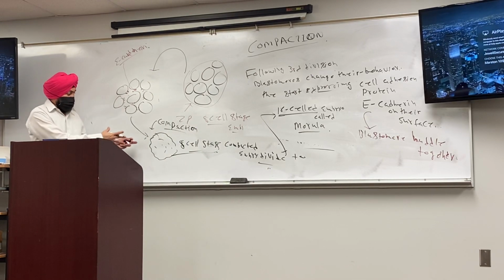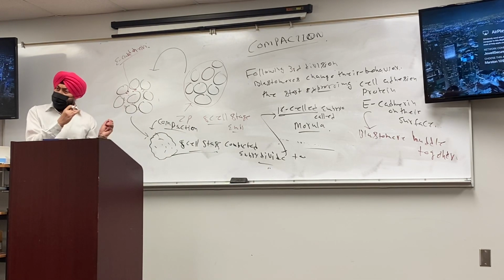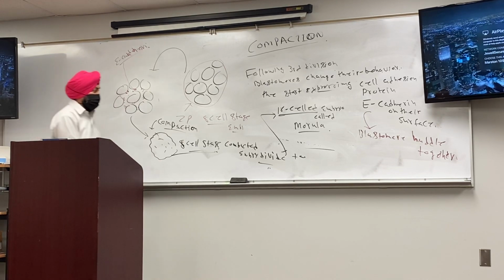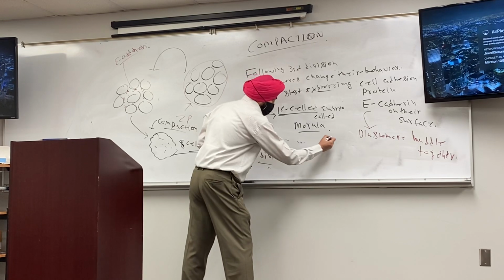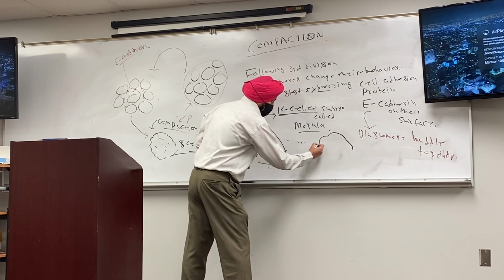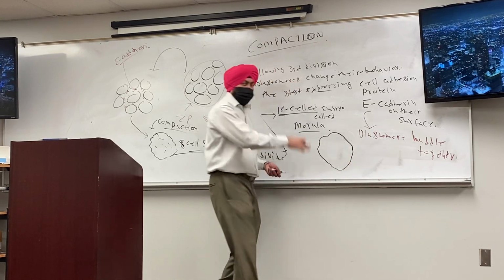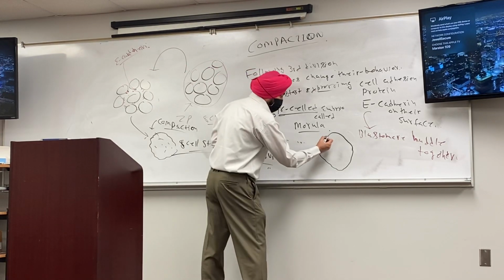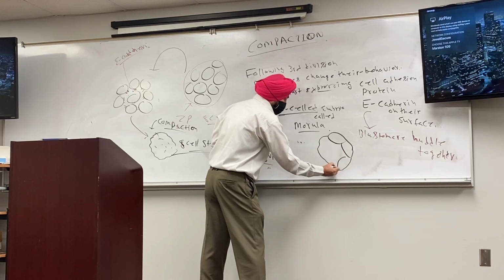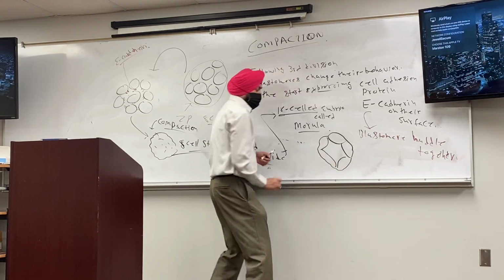If you look at the morula very closely, again they are compacted, but if you do a cross section, you will see that the outer cells are very large.